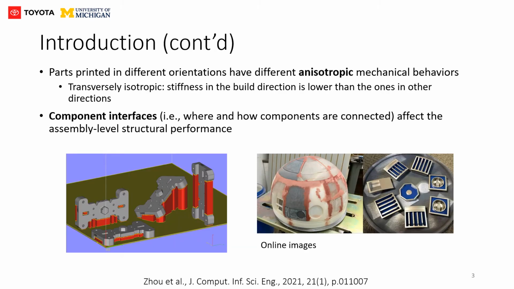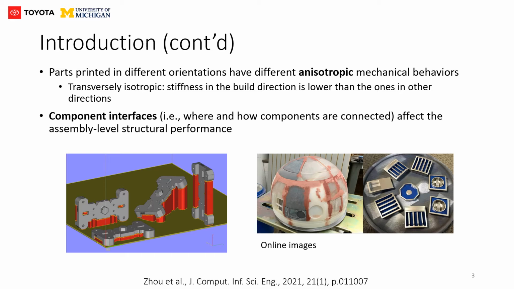It is widely acknowledged that additively manufactured components exhibit anisotropic mechanical behavior based on the chosen build direction. Transversely isotropic material model is often used to describe such anisotropic behavior where stiffness in the build direction is lower than the ones in other directions.